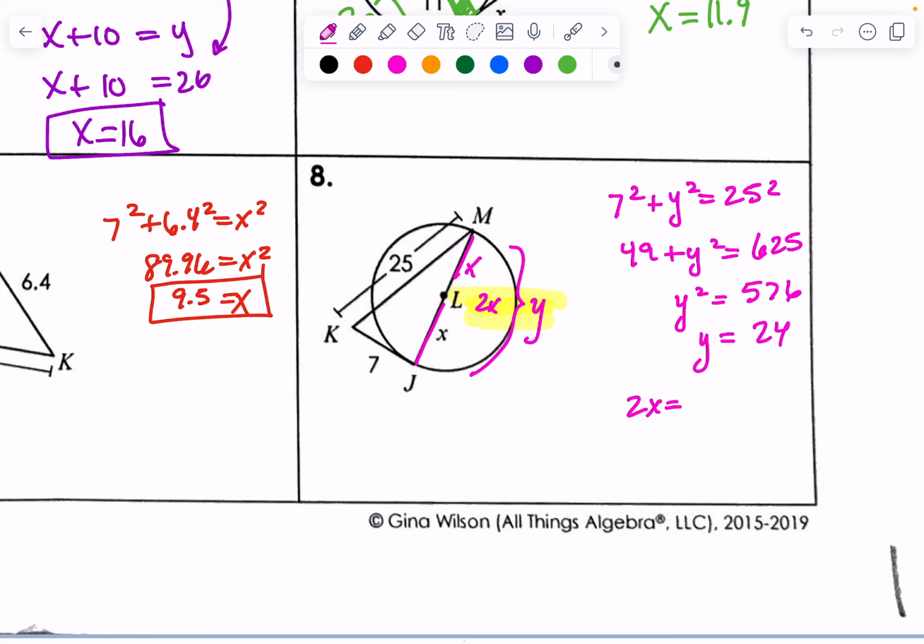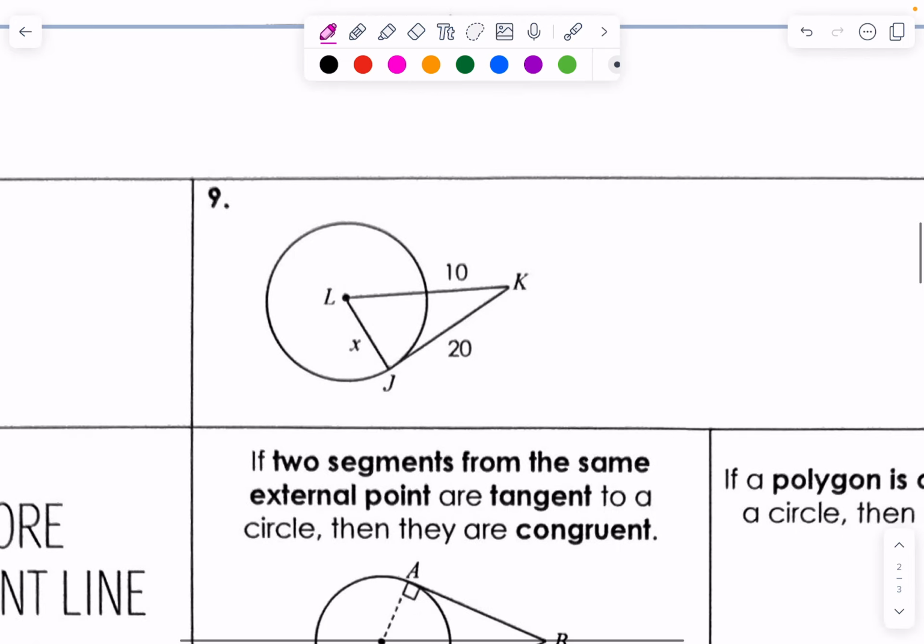So if 2x equals y and y is 24, 2x equals 24, that means x is 12. So that's one of the properties of tangents, is that they have to be perpendicular, which allows us to use the Pythagorean theorem to find one of the sides for any triangle that we can create with that tangent.